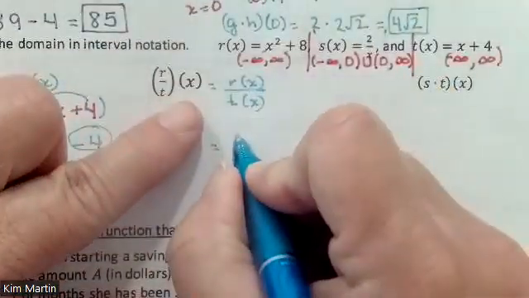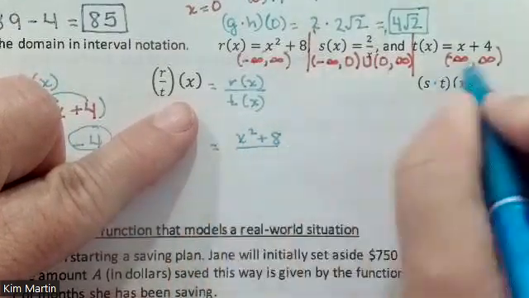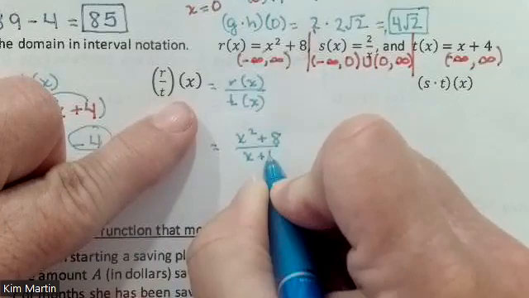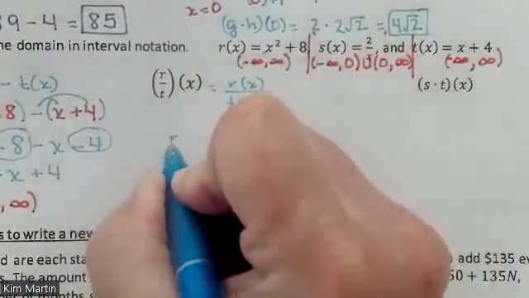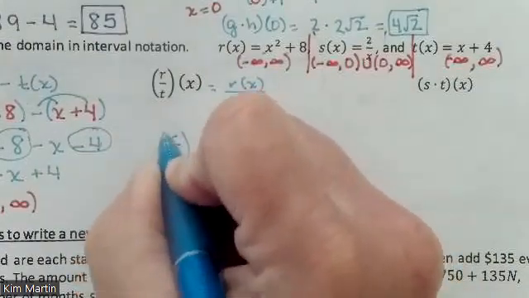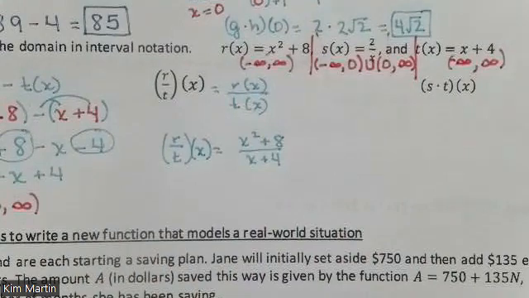We have r of x, which is x squared plus 8. Our t of x is x plus 4. That is our new function, r divided by t of x, because nothing will simplify there. But now do we have a new domain? Is there a number we have to worry about?